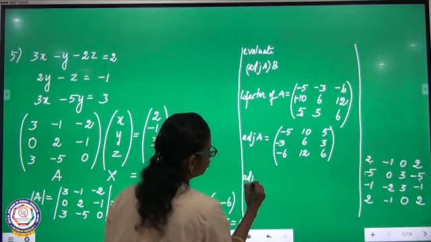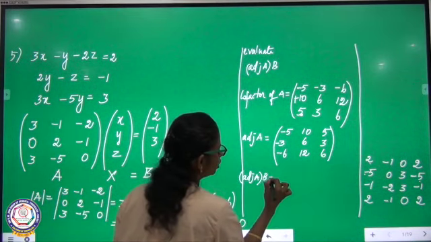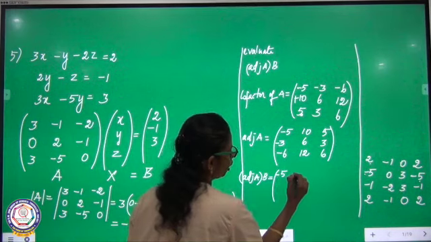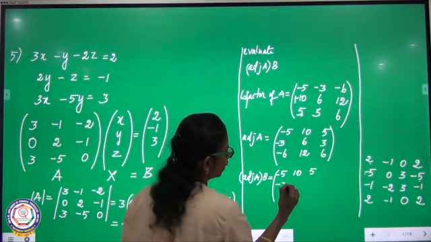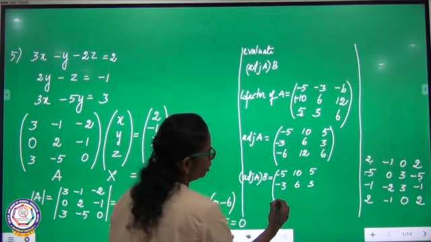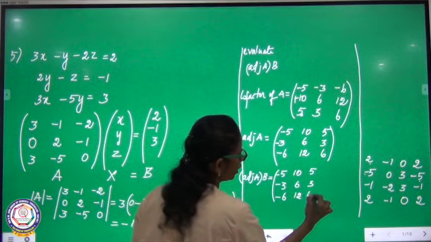Adjoint of A into B equal to minus 5, 10, 5, minus 3, 6, 3, minus 6, 12, 6.